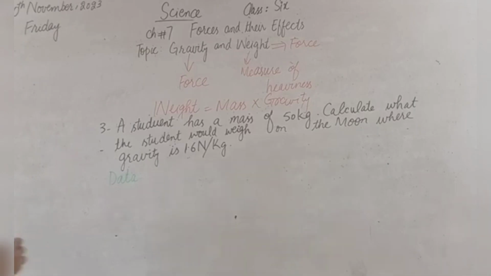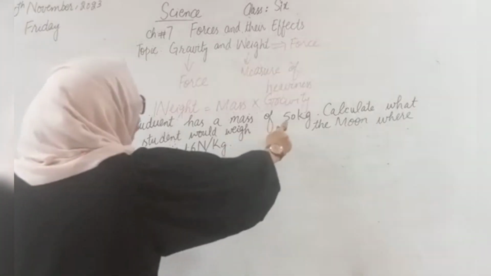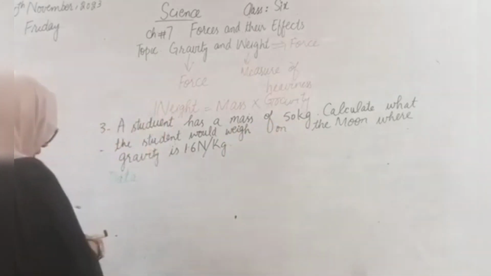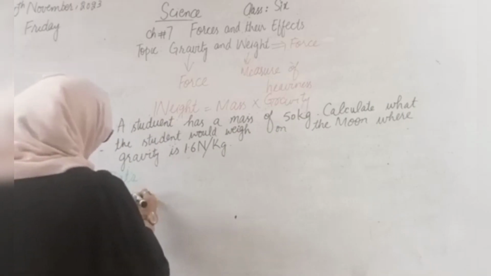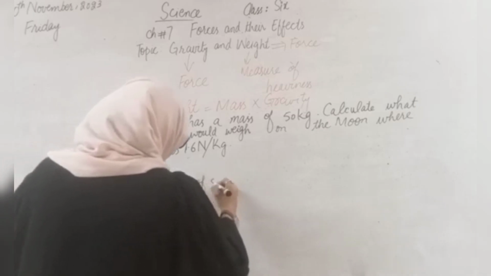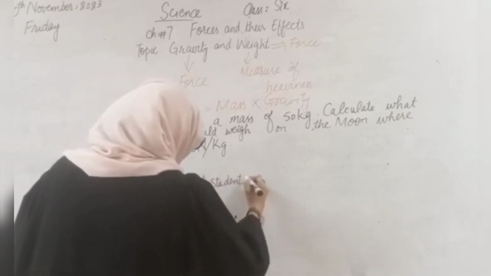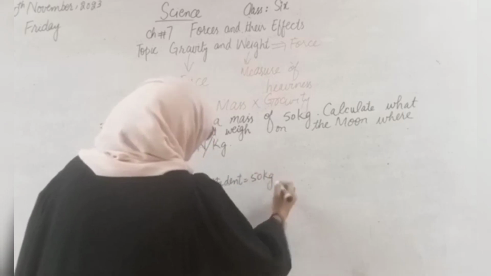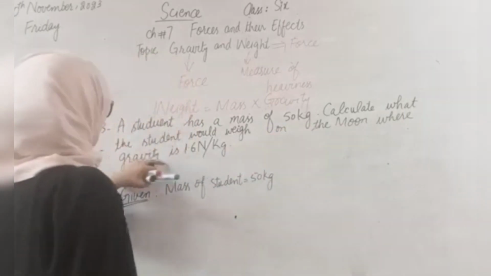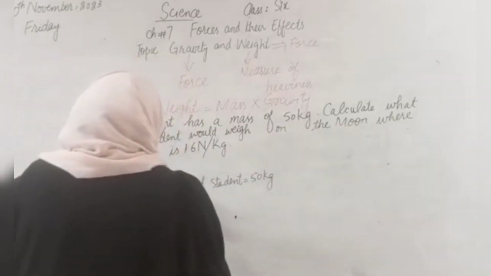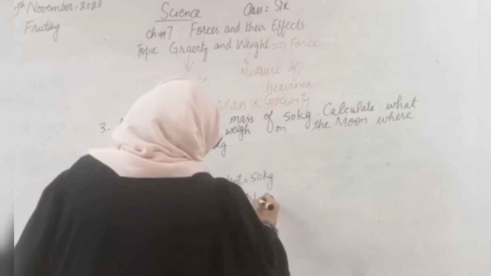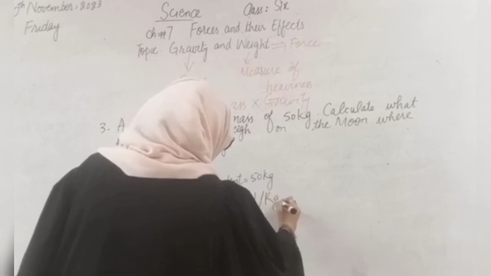From the word problem statement, we have given the mass of the student, that is 50 kilograms. And next, on the moon where the gravity is, we have given gravity equal to 1.6 Newton per kilogram.